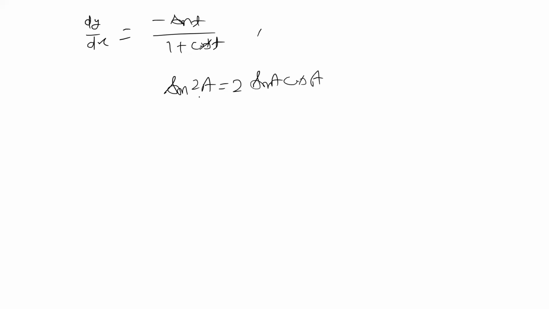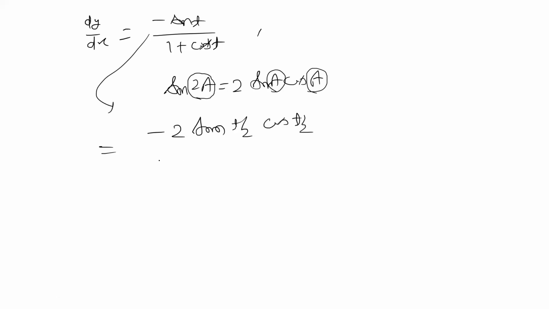Here the angle is 2a, but the angle we want is a, which is half. The same thing we apply here. We can write it as minus 2 sin t by 2 cos t by 2, divided by, and we want to cancel the 1 here.